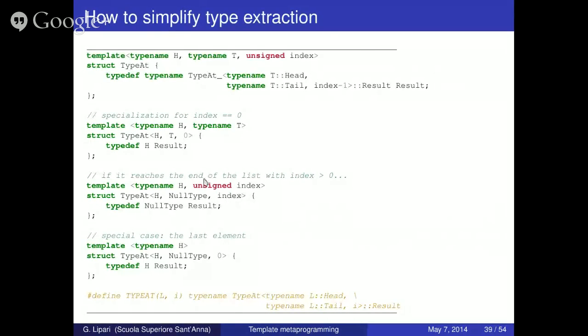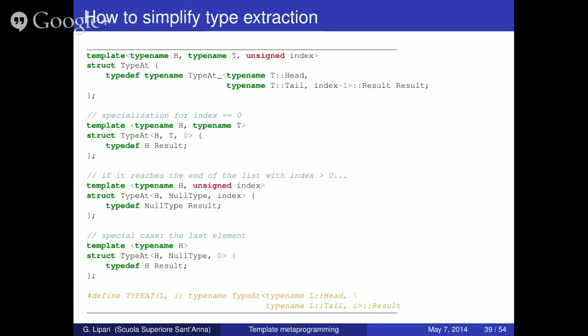And then if it reaches the end of the list with index greater than 0, because there is a null type in T, then a null type is the result, because there is nothing after that. So this is index 0, I get the result. This is the special case in which index is greater than 0, but I reached the end of the list, and this is the special case in which I just got the last element. In this case, H is the result.